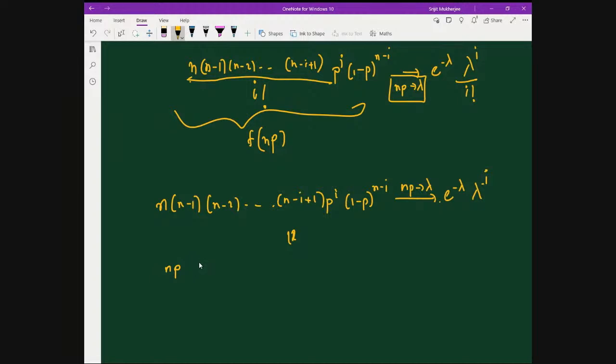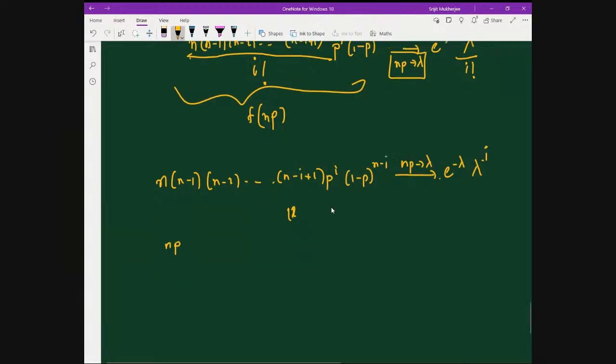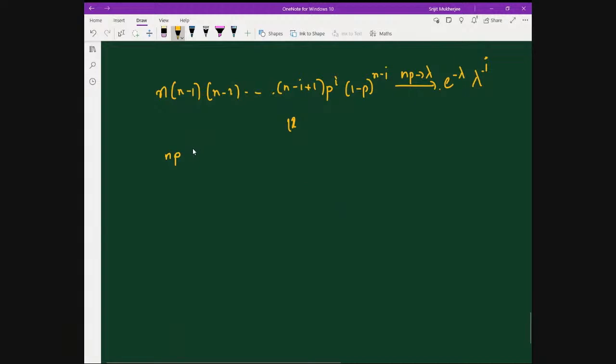Okay, sounds good. So we want np to the power i into e to the power minus lambda.